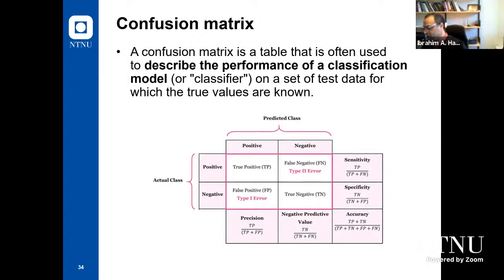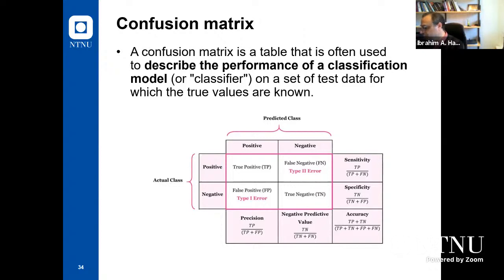When we look into this confusion matrix, it's just a matrix. Talking about binary classification problems, it's a 2 times 2 matrix or table. We have actual classes against the predicted classes. The actual classes are the ground truth, the reality, in fact.